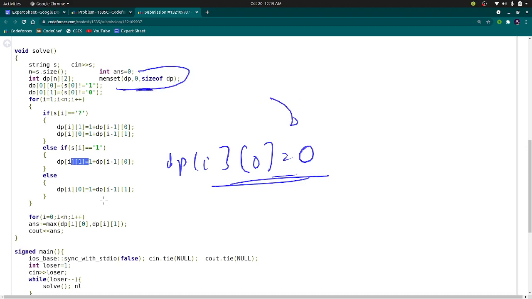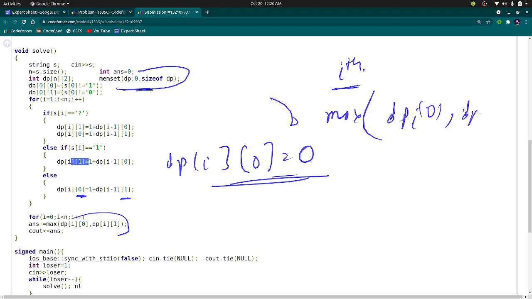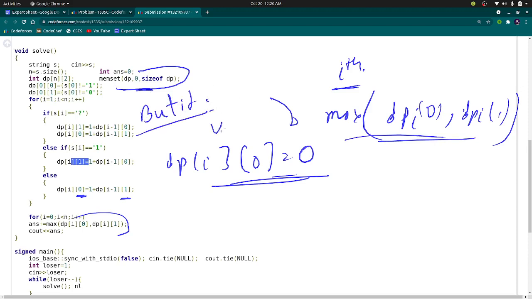Also for the zeros I am taking from i minus 1, and in the final answer I am adding all the maximums at the ith index. Now see why I am taking the max of dp i 0 and dp i 1: because in the problem statement we have to count only beautiful substrings, not the unstable ones.